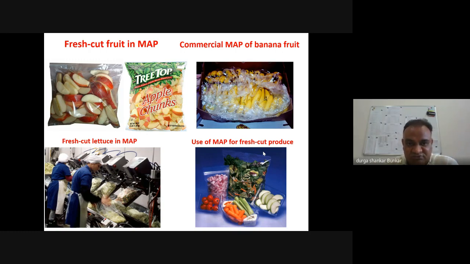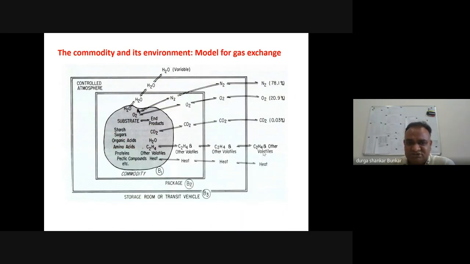If we see examples of fresh cut fruit in MAP, there is some kind of commercial MAP of banana, fresh cut lettuce in MAP, and use of MAP for fresh cut produce. There are several examples, and this shows the mechanism between the food package inside and the surroundings.